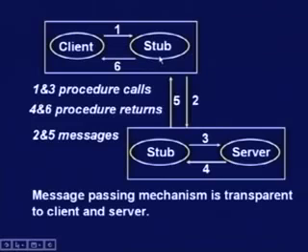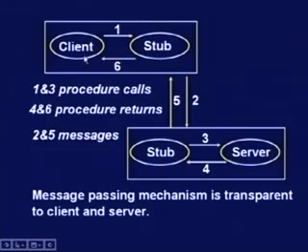The stub will then send that message over the network to the server stub. So 2 is the actual message, 2 and 5 are messages. When the server stub receives the message, it will locally call the server. This is a procedure call again. The server will provide the service.